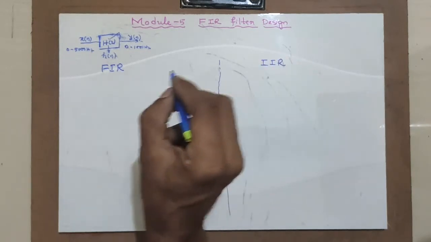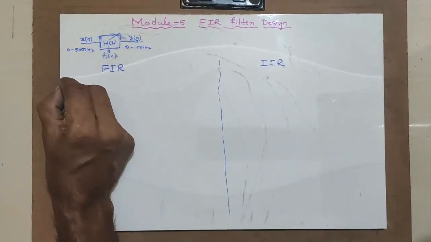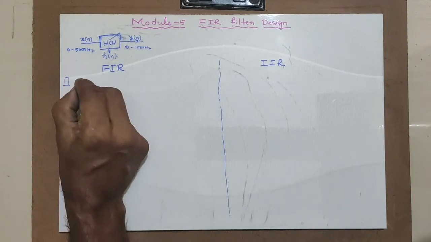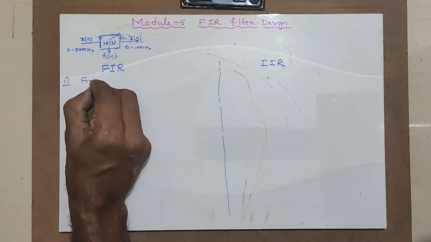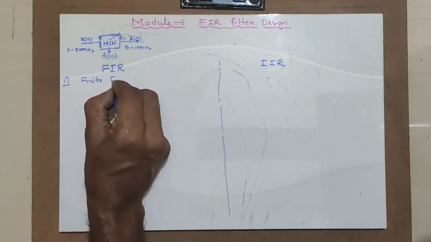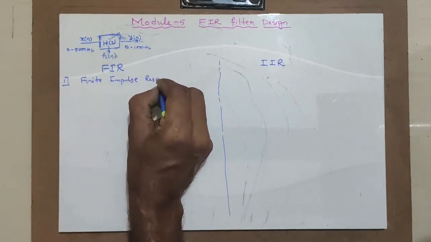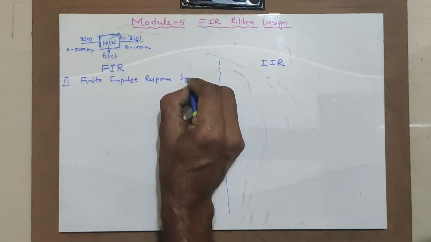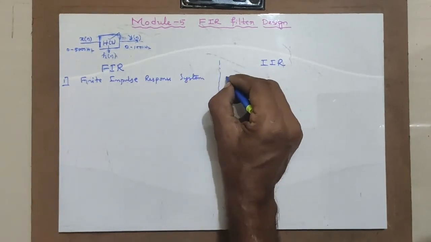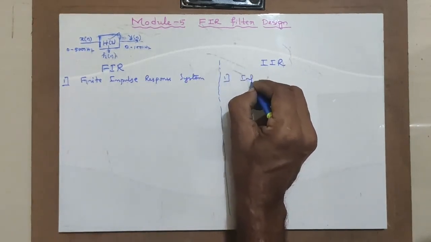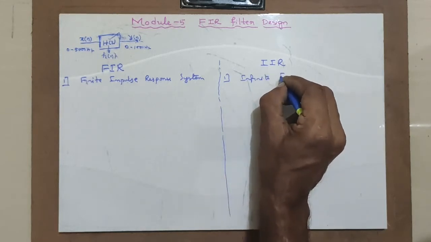Okay, comparison. First, obviously FIR is a finite impulse response system, whereas IIR is an infinite impulse response system.